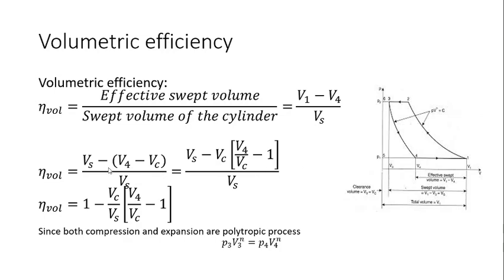So that is Vs minus, within bracket, V4 minus Vc, divided by Vs. Vs is the swept volume, and we are taking this Vc out, then we will get Vs minus Vc into (V4 by Vc minus 1) divided by Vs. That is, if you divide by Vs, this becomes 1 minus Vc by Vs into (V4 by Vc minus 1). Okay.